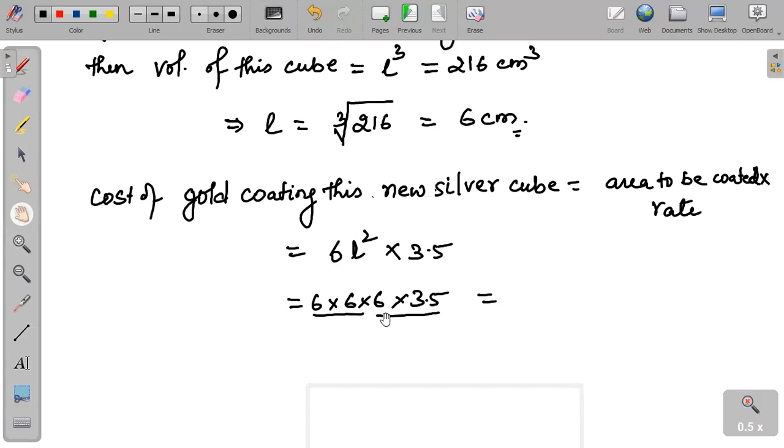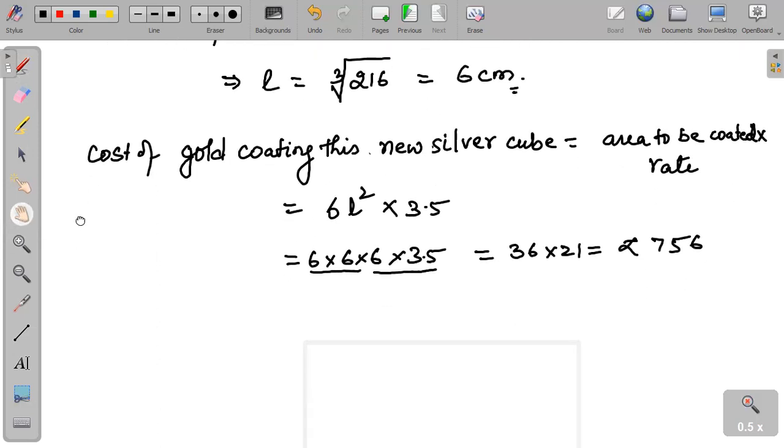This is going to be 36 and this is going to be 21. So it is 36 into 21, that is rupees 21 6 are 126. So it will be 6 and 12, 21 6 are 63 plus 12 is 75. So it is going to be 756.